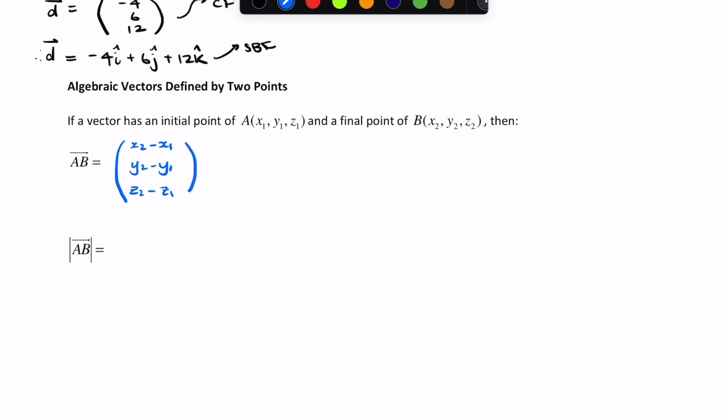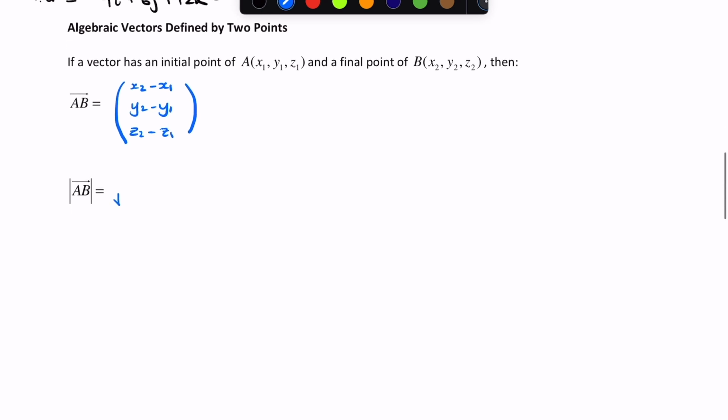And therefore the magnitude will be equal to the square root of a squared plus b squared plus c squared. In this situation, a squared is x2 minus x1 squared, b squared is y2 minus y1 squared, and c squared is z2 minus z1 squared.